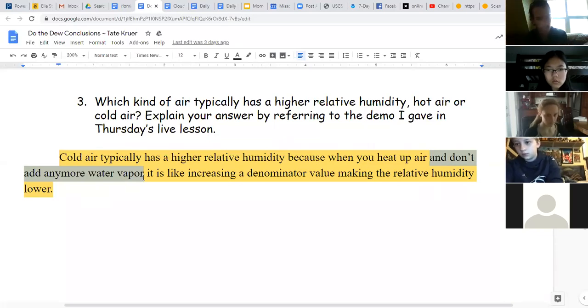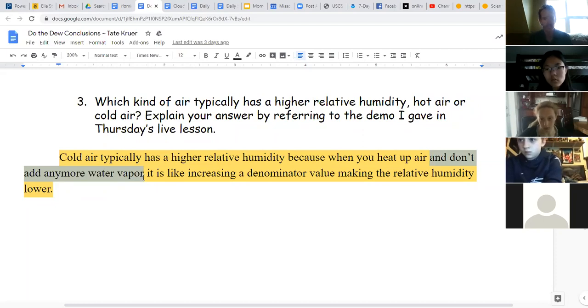Again, maybe not the greatest connection with coronavirus, but it's all about percentages. So Tate says anytime we grow the denominator value without adding to the numerator value, our percentage shrinks.